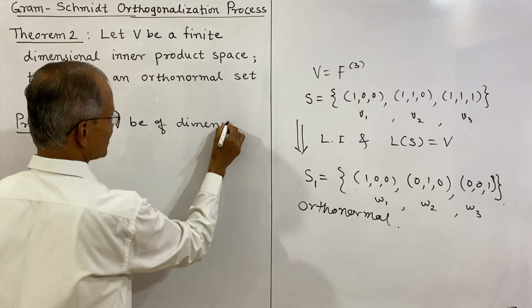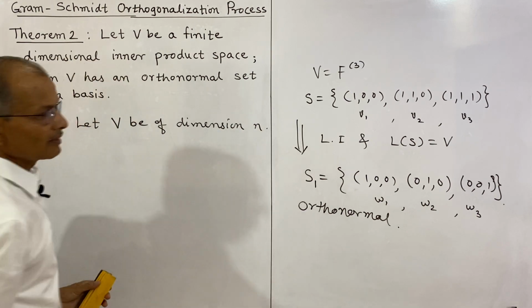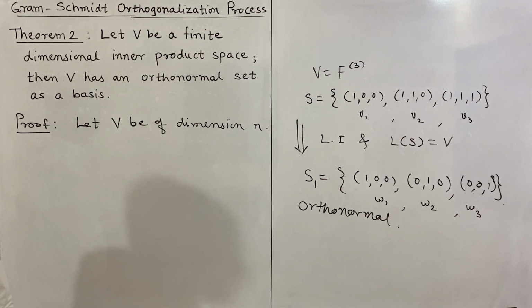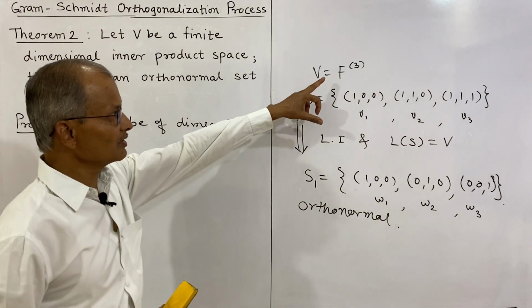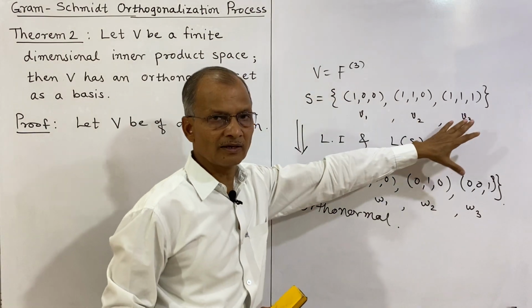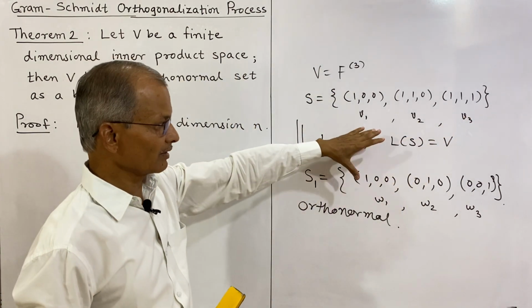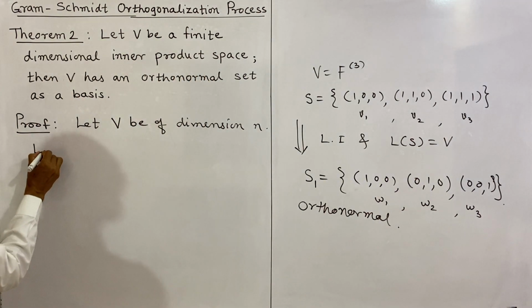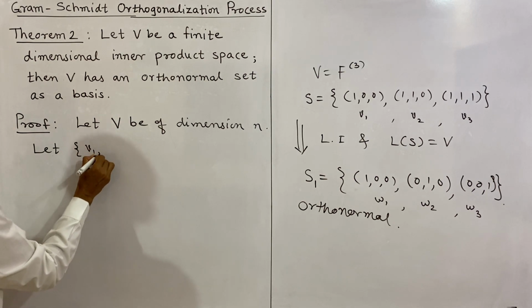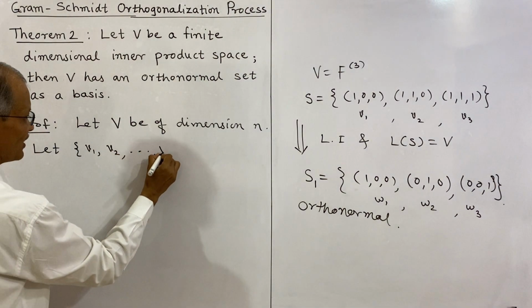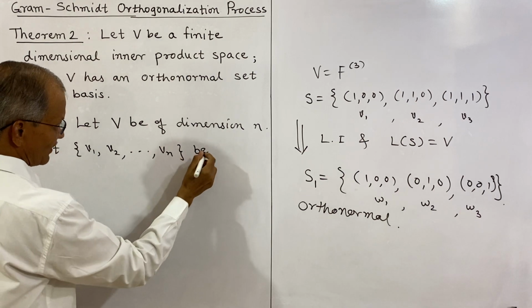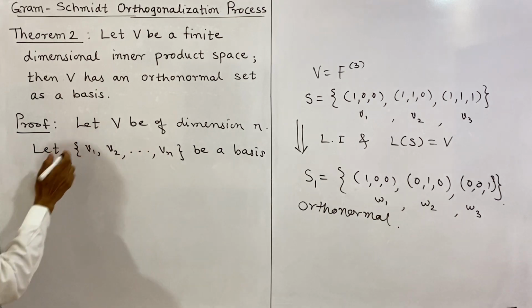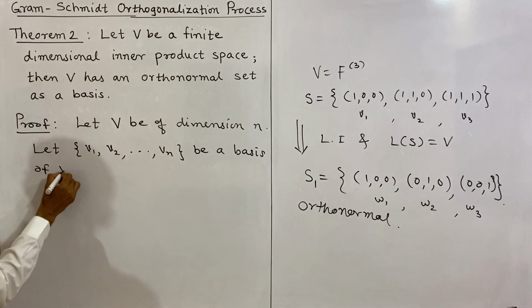Then its basis will contain n linearly independent vectors, and as this is three-dimensional, it will contain 3 linearly independent vectors which span V. So let V1, V2, ..., Vn be a basis of the vector space V.